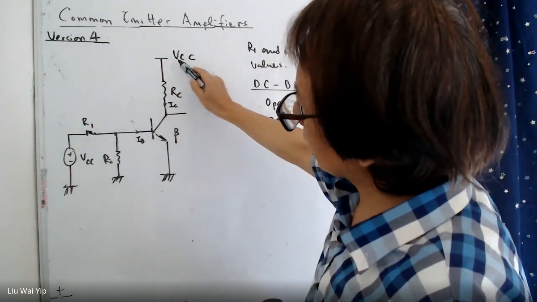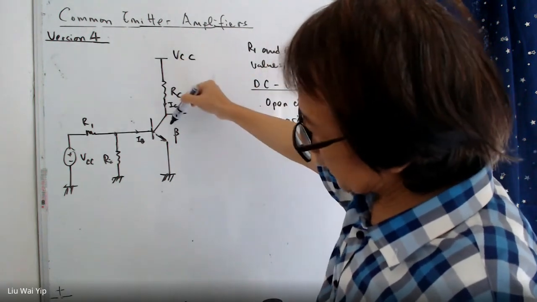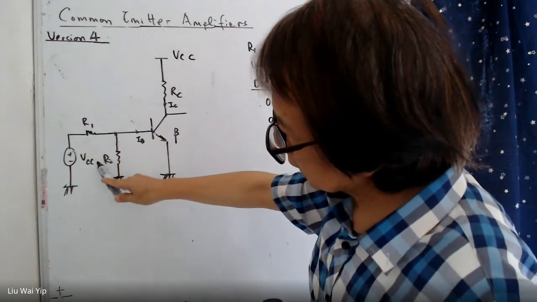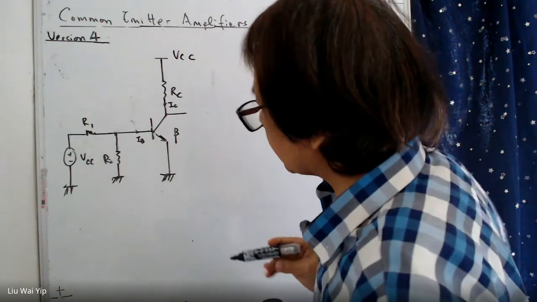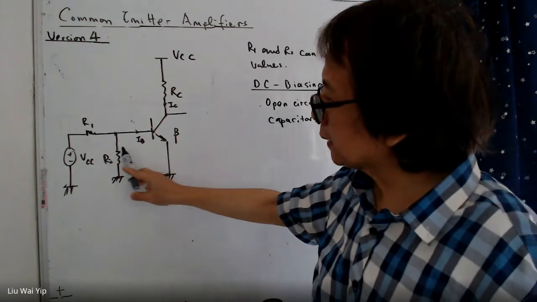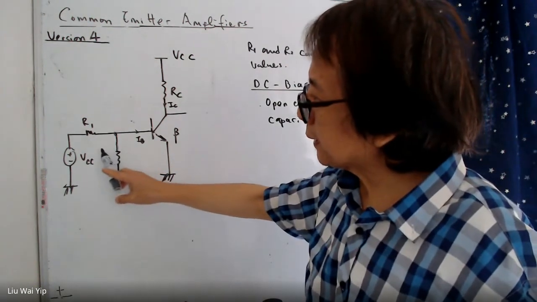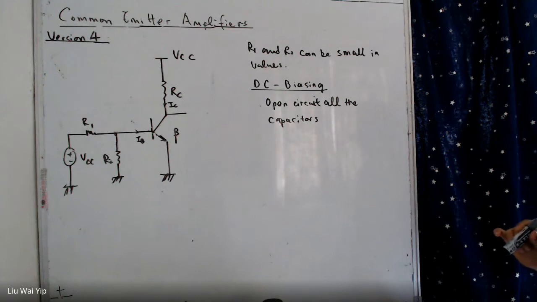We have VCC supplying the collector network, and we have VCC, the same value, to supply the base network. So based on the circuit here, we can also use the so-called Thevenin analysis.